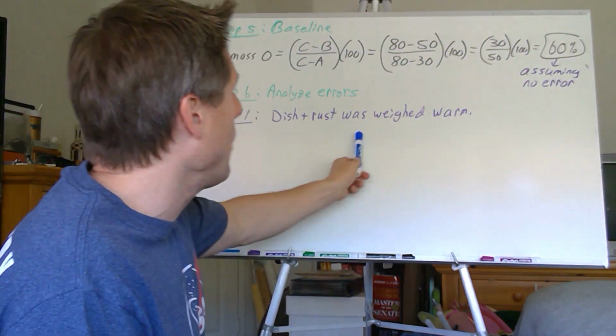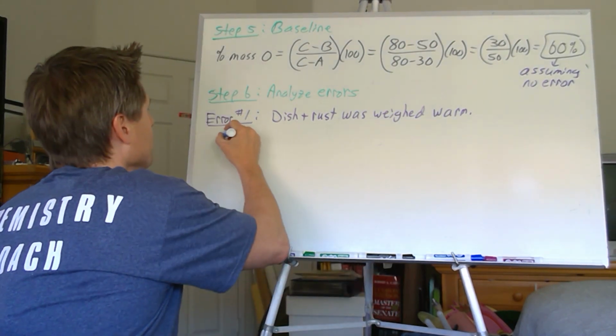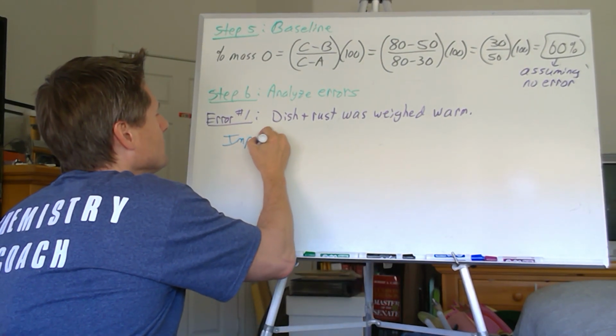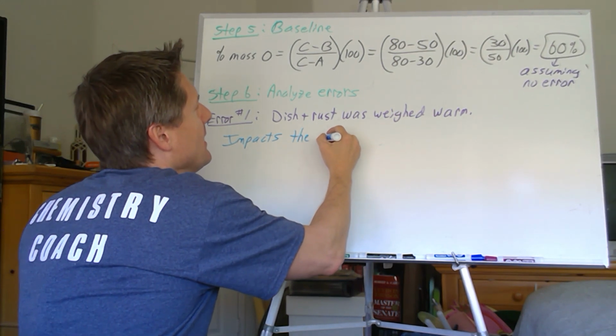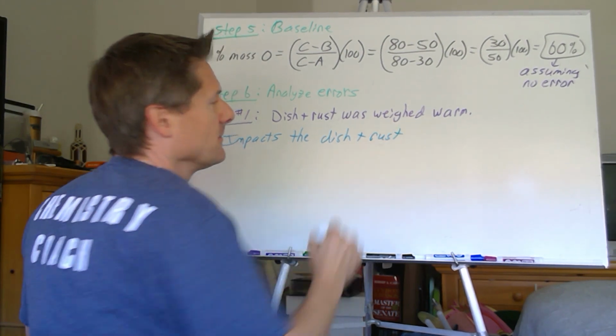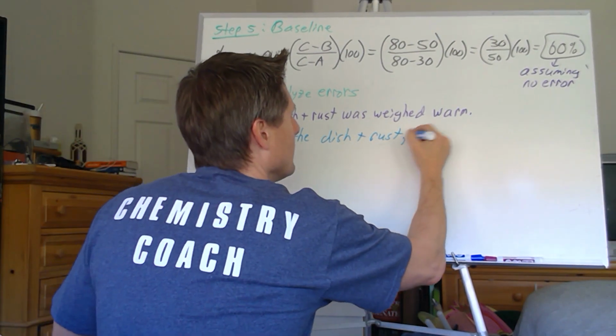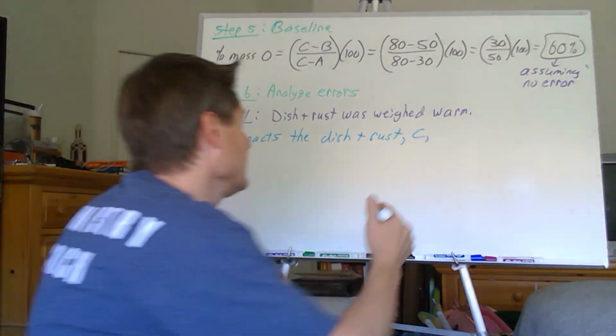So we've got to think, what error does this affect? This impacts the dish plus the rust, which was C. Now, does it make it higher or smaller? Well, if you weigh something warm, it's lighter.